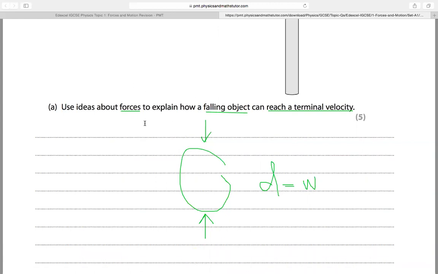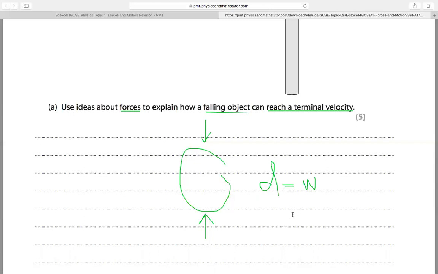Remember, we are using force to explain a falling object, how it's going to reach terminal velocity. So now I have gravity pulling it down and drag pushing it up. So this is point number 1, 2, 3, 4.